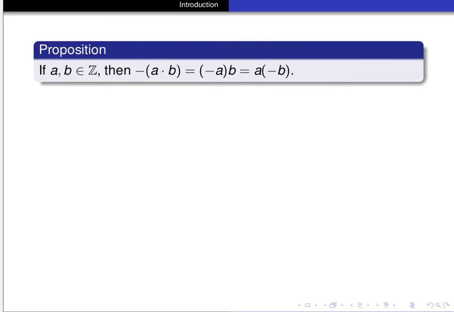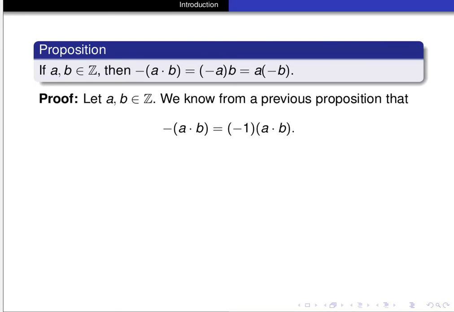So finally, let's look at the proposition that if a and b are integers, then the additive inverse of the product of a and b is either the additive inverse of a times b or a times the additive inverse of b. Let a and b be integers. Again, from the previous proposition, we know that we can obtain the additive inverse of any integer by multiplying that integer by negative 1.